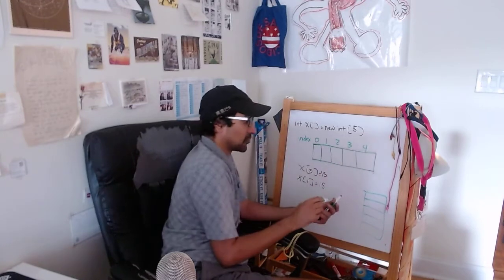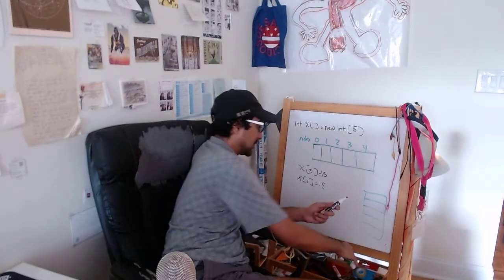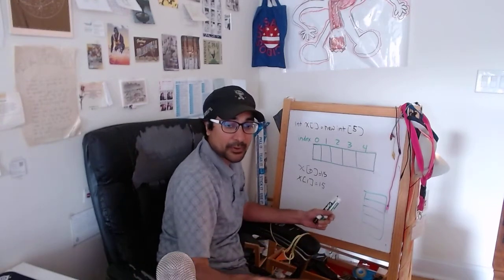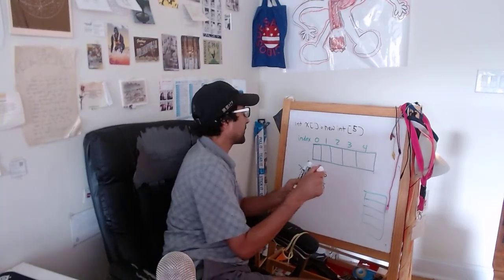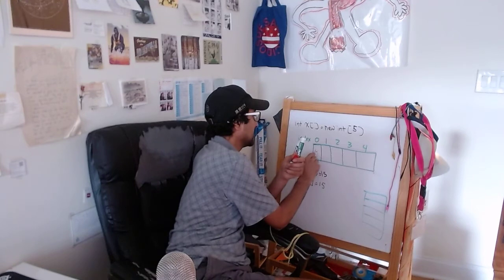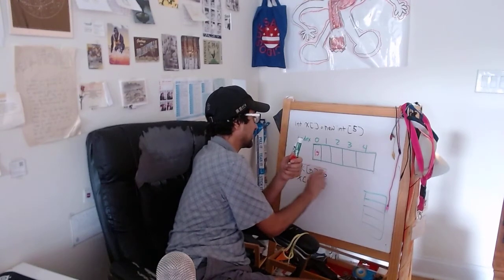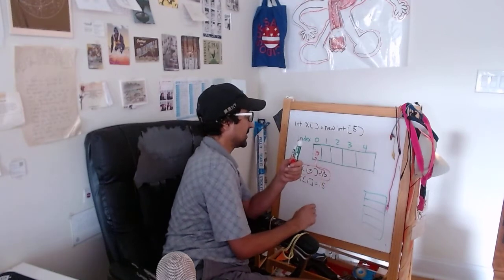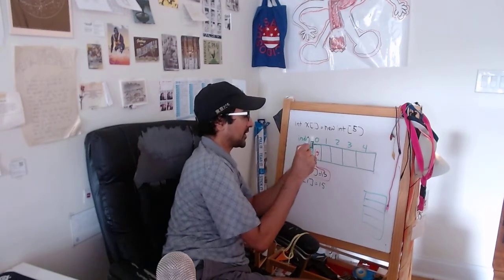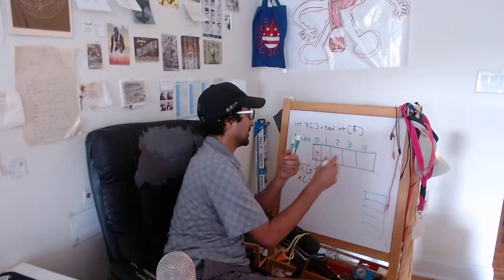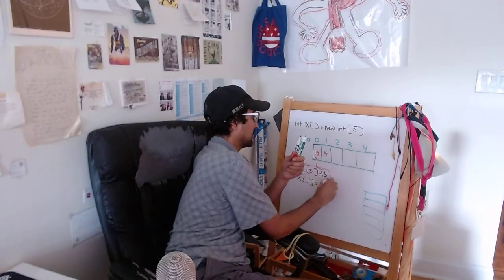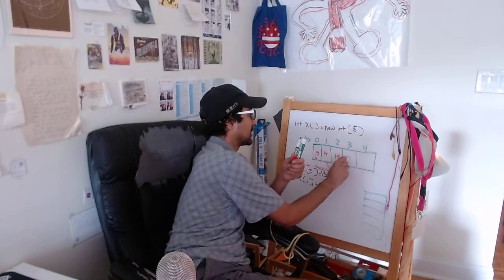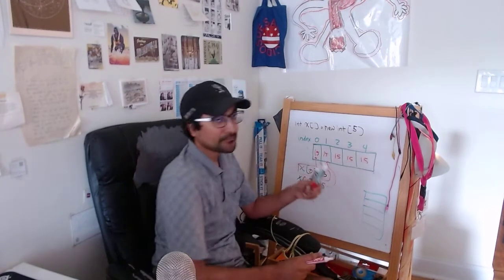I know this is review, but it always helps to review. So if I say x sub 0 equals 15, that puts the number 15 right there, right? And this will place 15 in here, right? And we could go all the way down, and we can get 15 in all of these places, okay?